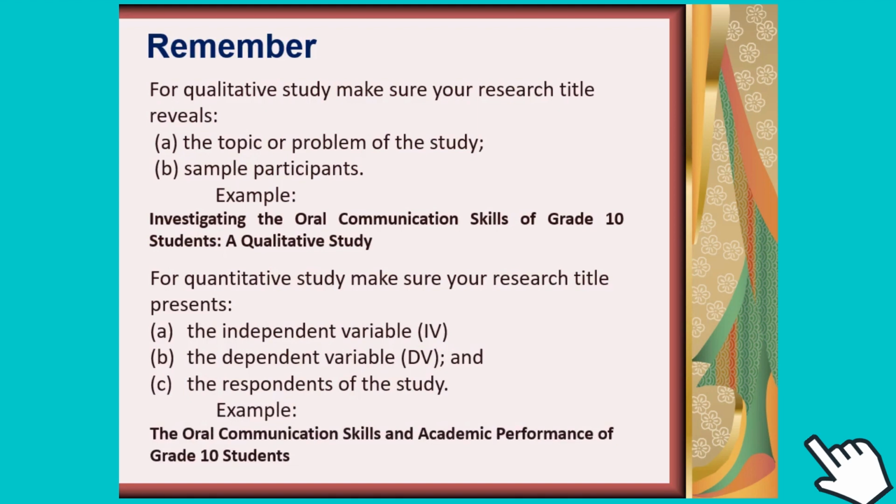For example, the oral communication skills and academic performance of grade 10 students. In this example, oral communication skills is your independent variable, and academic performance is your dependent variable. And of course, grade 10 students are your respondents.